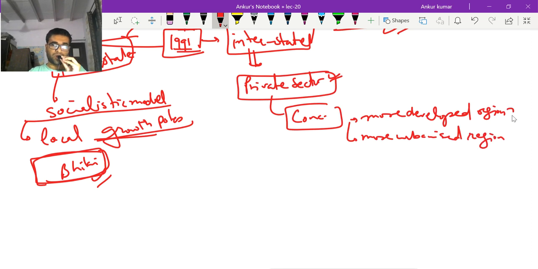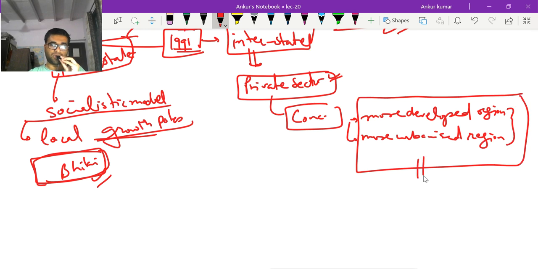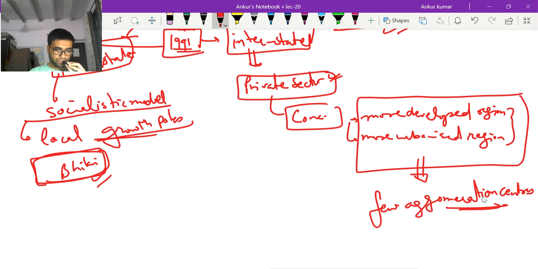Okay, so this led to the creation of just a few agglomerated centers, or agglomeration centers, right? And these few agglomeration centers created the disparity between states.